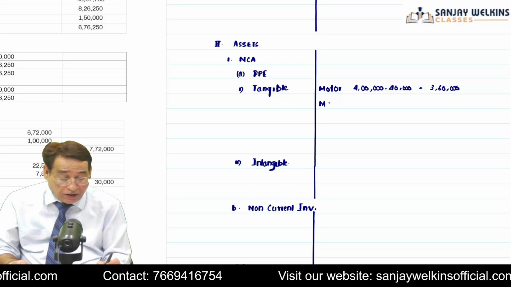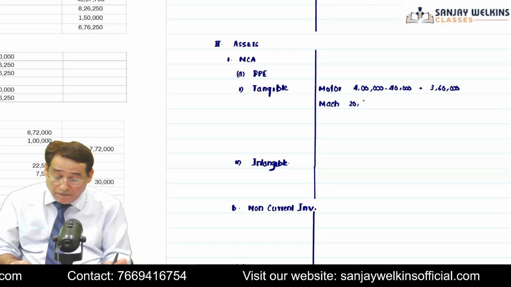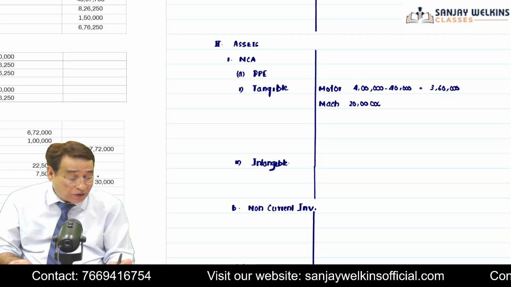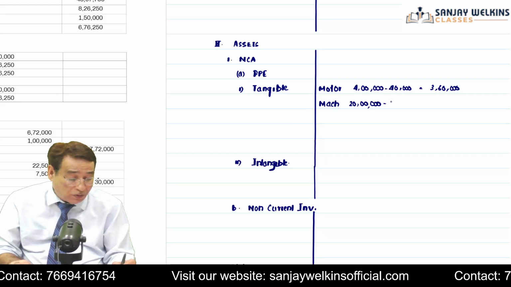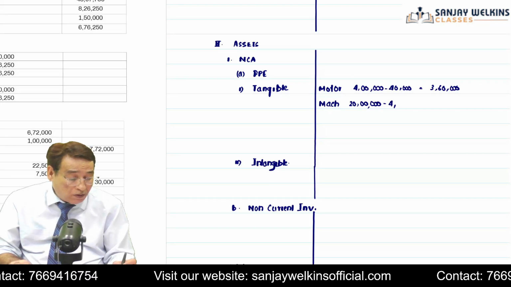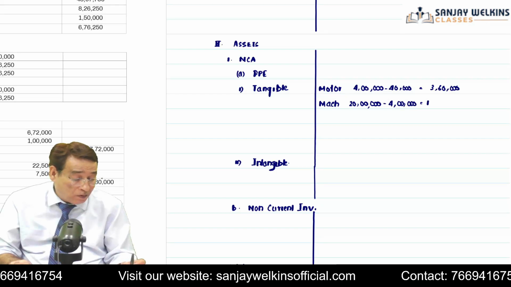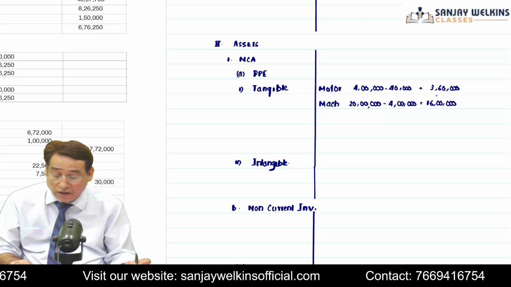So you simply take the figure of machinery first, that is equal to 20 lakh. And below it is given in point number 2, machinery needs to be depreciated by 20%. So 20% will be equal to 4 lakh. So you will be writing here 16 lakh.